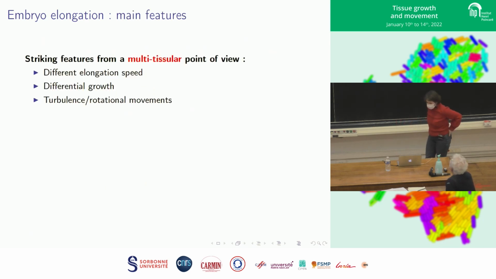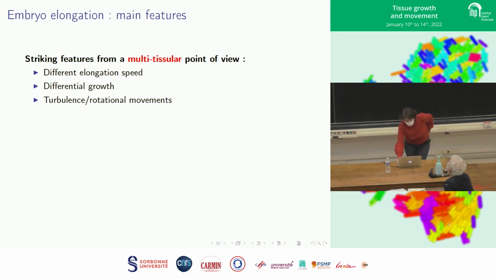In particular, what we see is that we can quantify, and it was the object of the research of Bertrand, that the tissues have different elongation speeds.